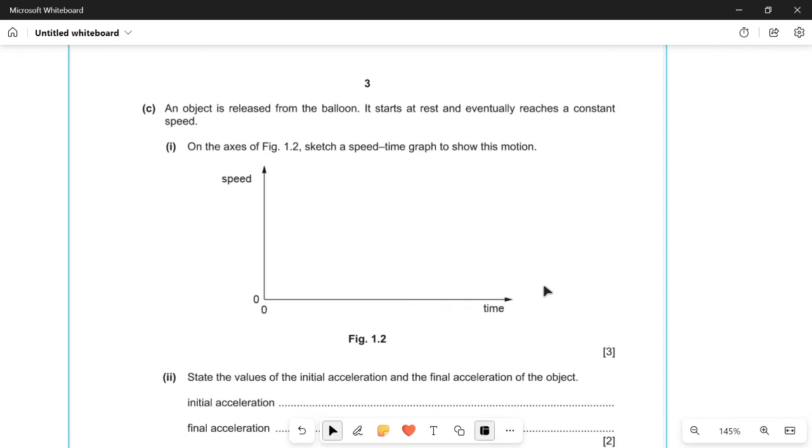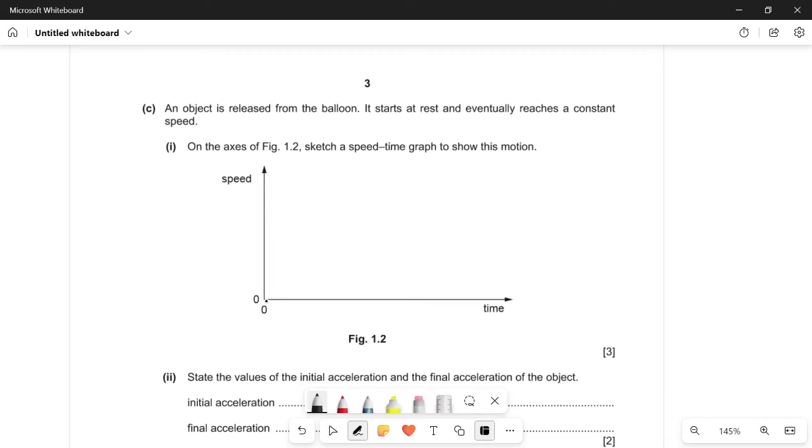C. An object is released from the balloon. It starts at rest and eventually reaches constant speed. On the axis, sketch the speed-time graph to show this motion. So the object is released from the balloon and starts at rest, so our graph is going to start from 0, 0 and eventually reach a constant speed. A constant speed is represented by a horizontal line.